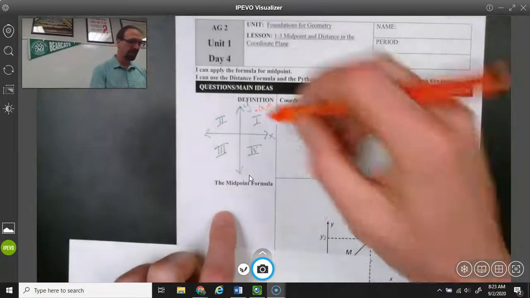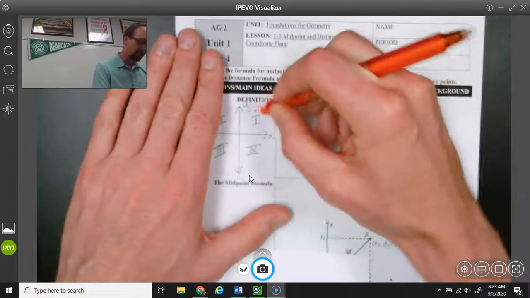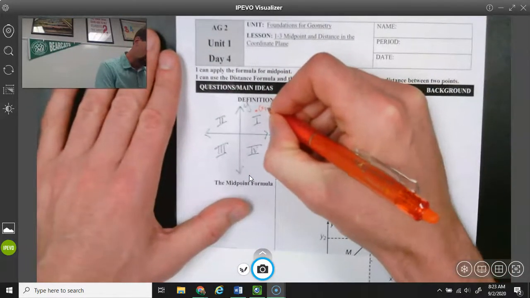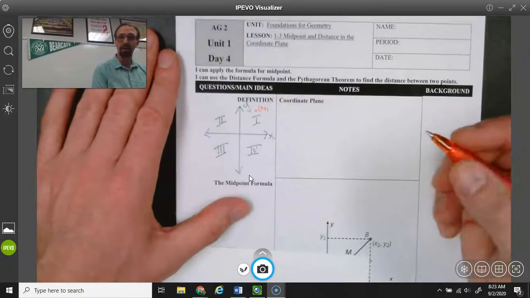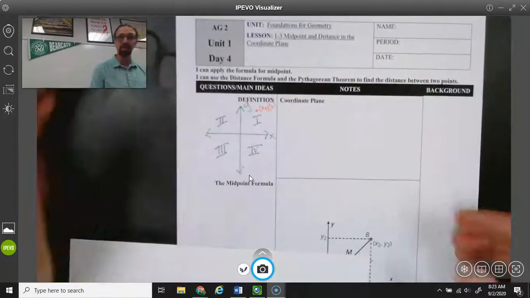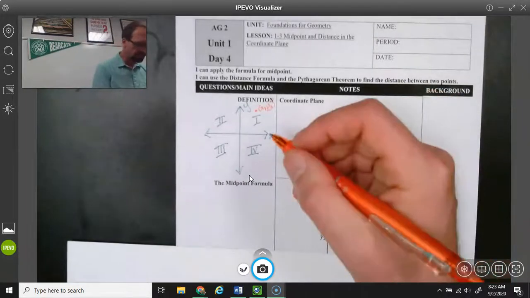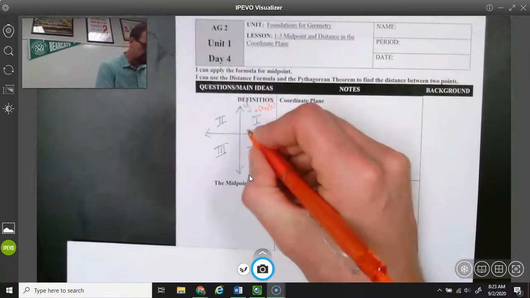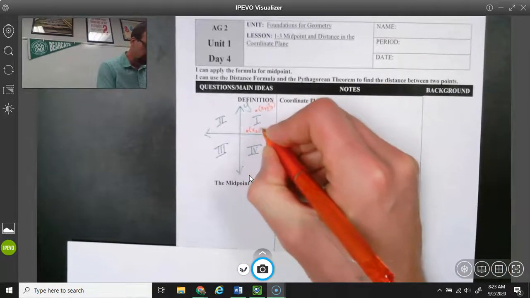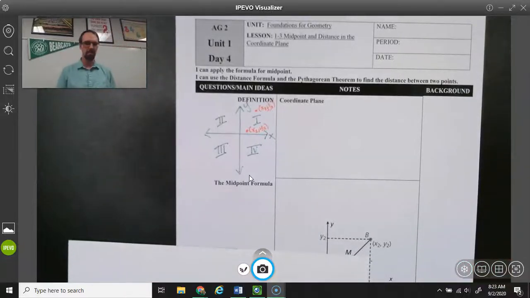So the way that we notate the difference between these is we use what's called a subscript. So we would say x sub 1 stands for subscript 1. So x sub 1, and then y sub 1. So that would be the first point here, x sub 1, y sub 1. And then if I wanted to make another point, say down here, then that would be x sub 2, y sub 2.